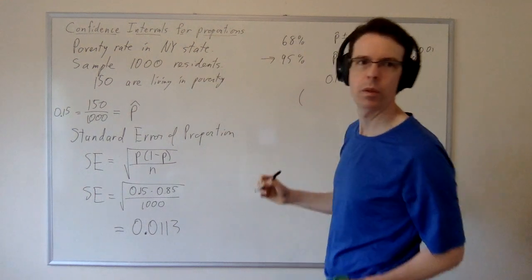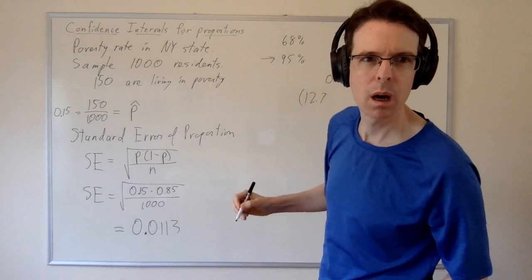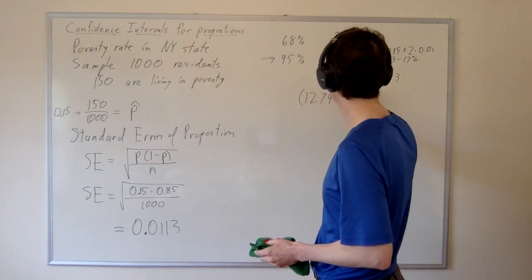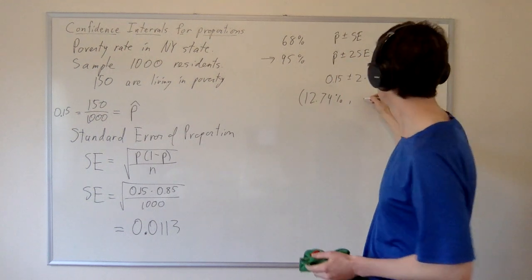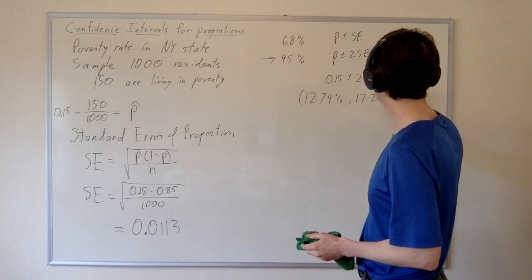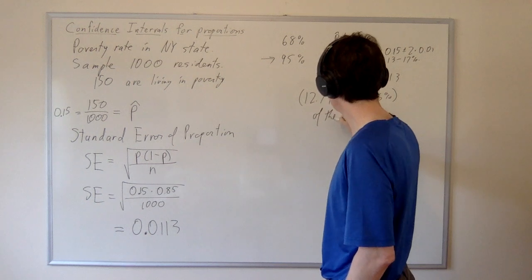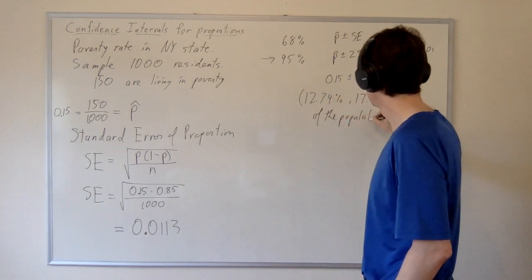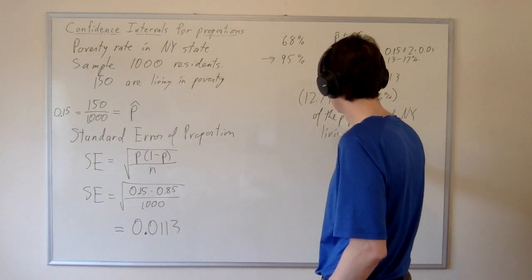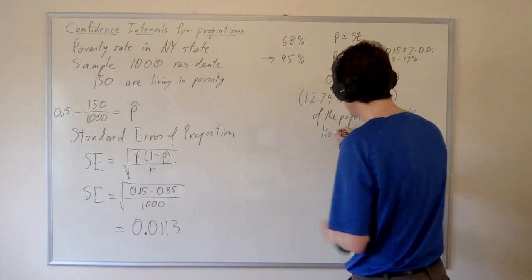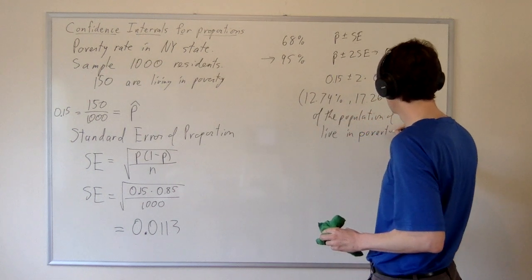And so the lower number is 12.74%. I'm still rounding off slightly, but much less. And the upper number is 17.26%. So that's the right conclusion: somewhere between those numbers of the population of New York live in poverty. So that's the right conclusion from this small study.